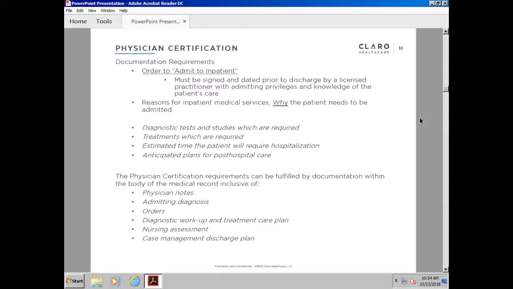So we don't have a special sheet for certifications, and Medicare doesn't require us to have that. We can have that documentation located anywhere: the physician notes, admitting diagnoses, orders, diagnostic workups, like the diagnostic workup in the ED, the nursing assessment in the emergency department.